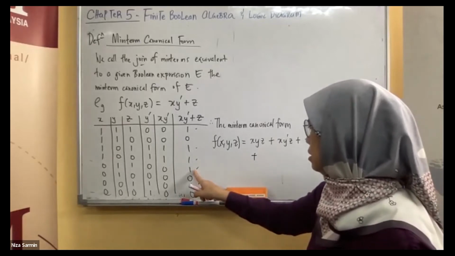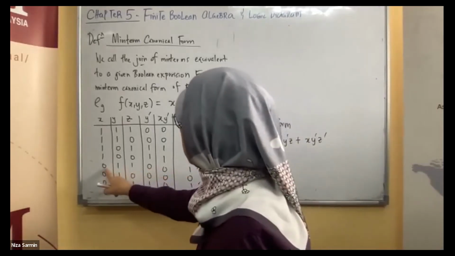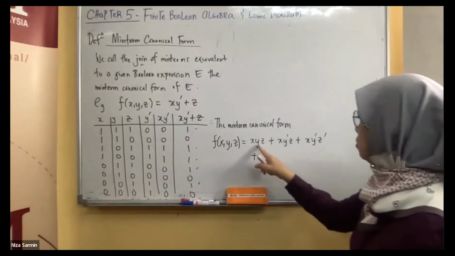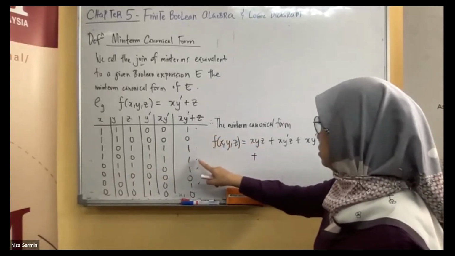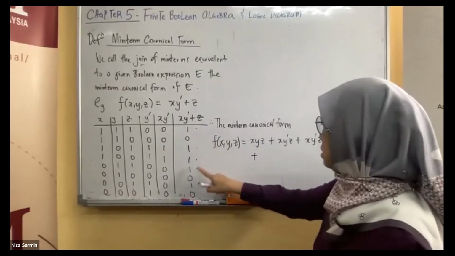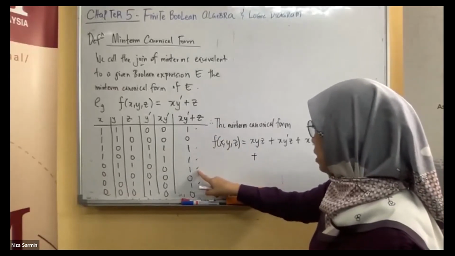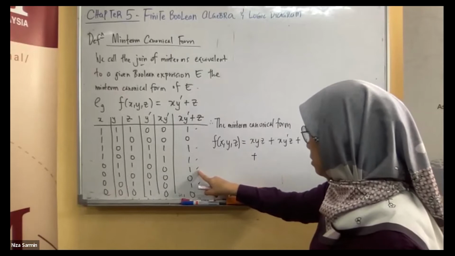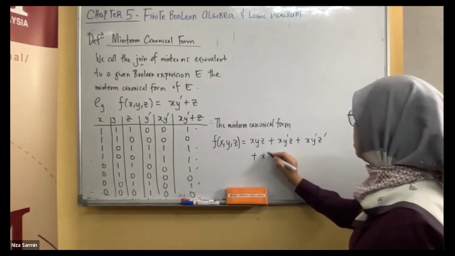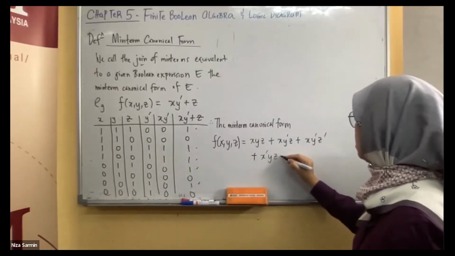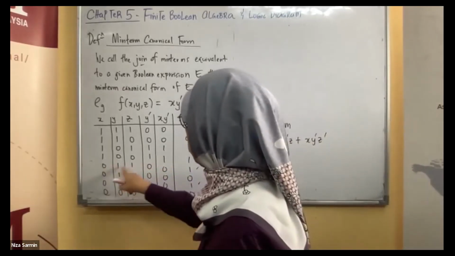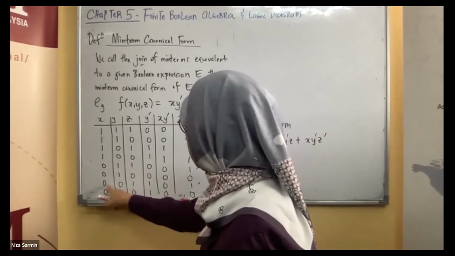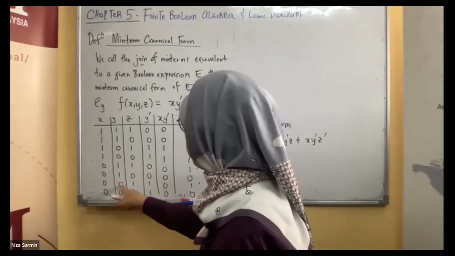For this one, take 1, 2, 3, 4: X prime, Y, Z. Last one, X prime, Y prime, Z.